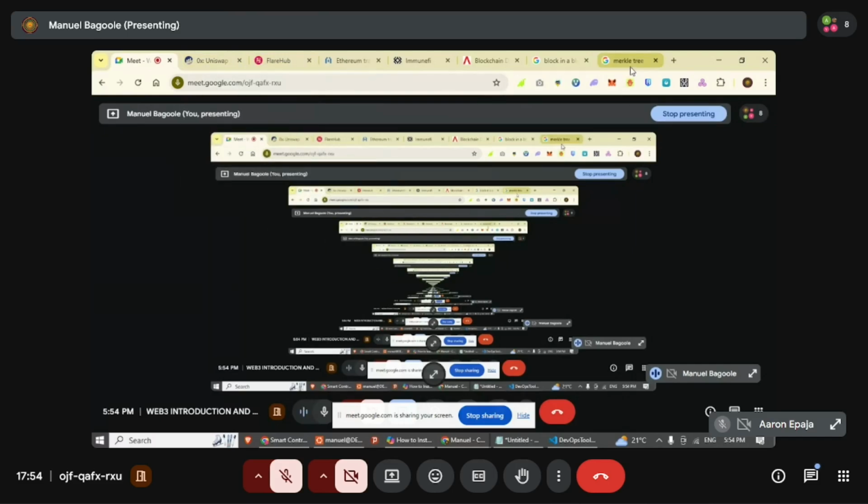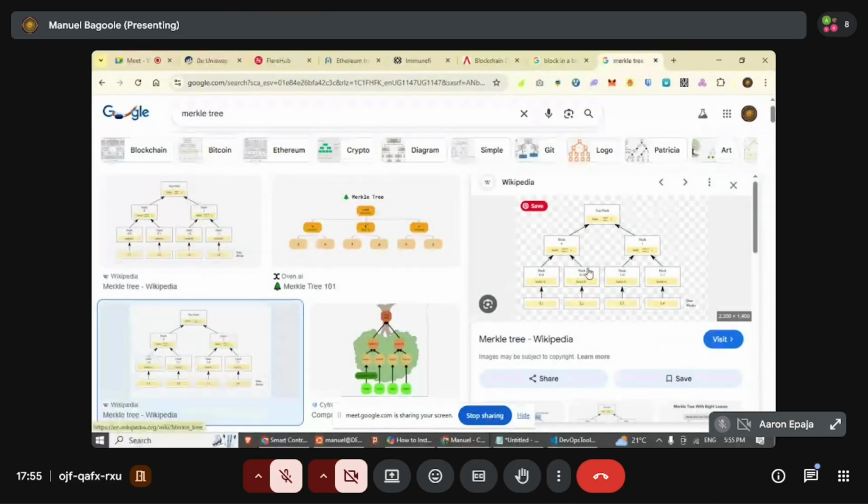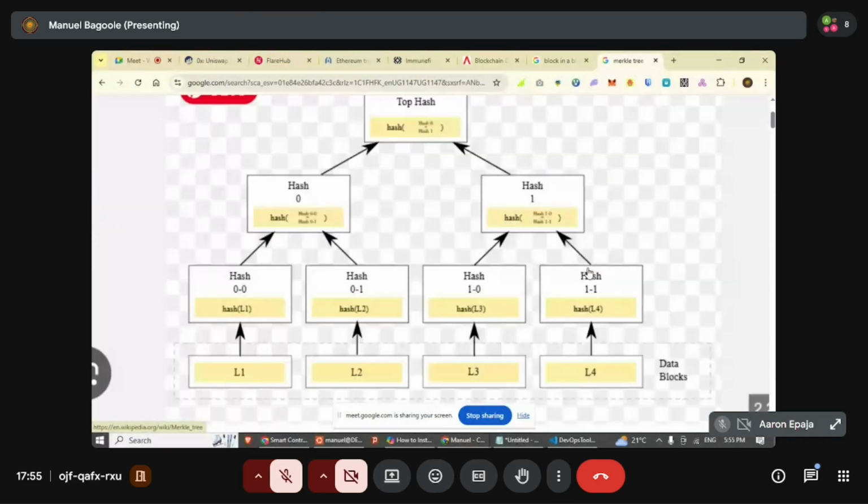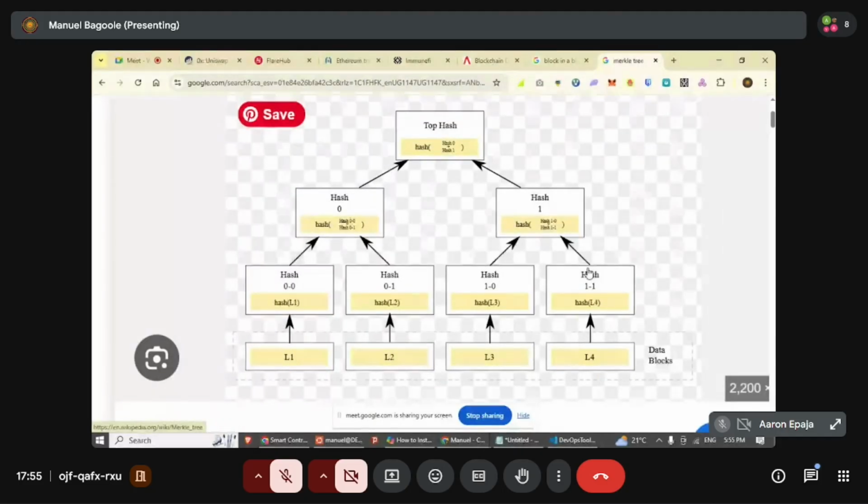A Merkle tree is a cryptographic representation of transactions. So for instance, if we had 4 transactions here, each of them would have a transaction hash, like we saw what a hash is. It's a cryptographic fingerprint of the transaction.